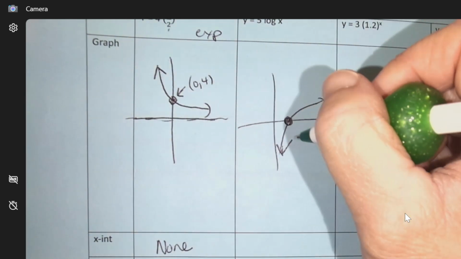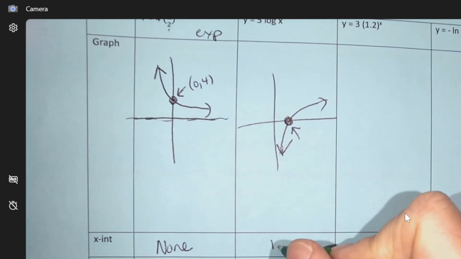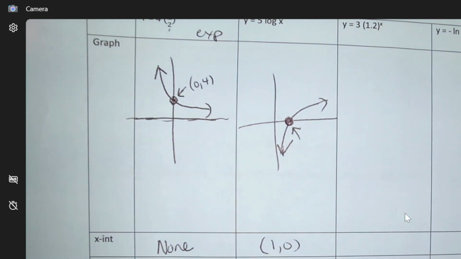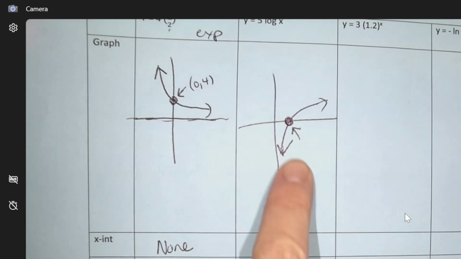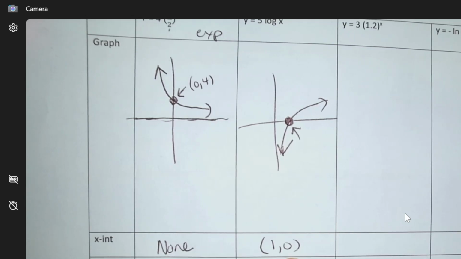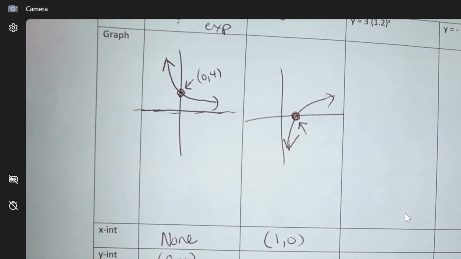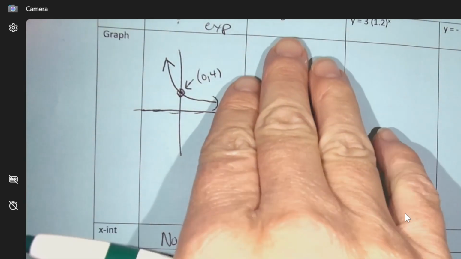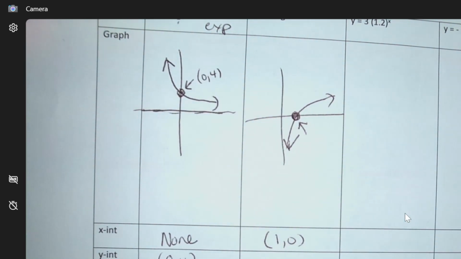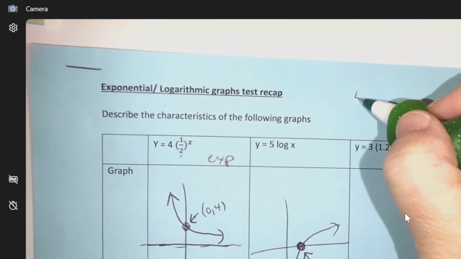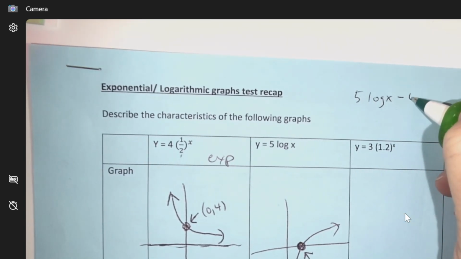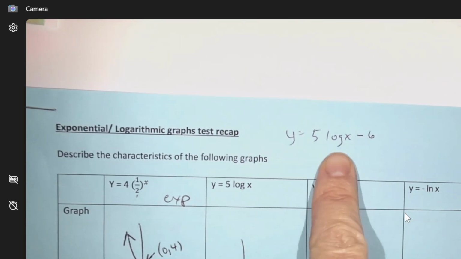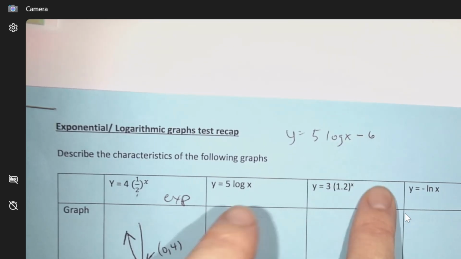The x-intercept is at 1. Multipliers don't change it because multipliers change heights, and I can't multiply 0 to change it. For the log, it'll always be 1. The only thing would be if there's a digit that shifts it.